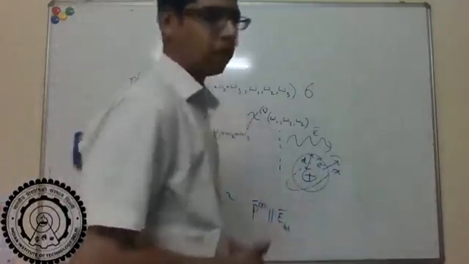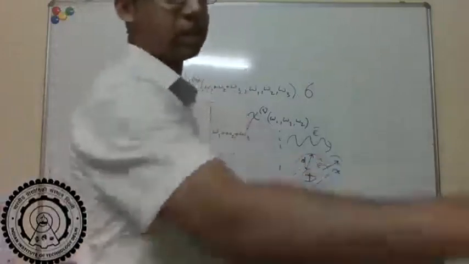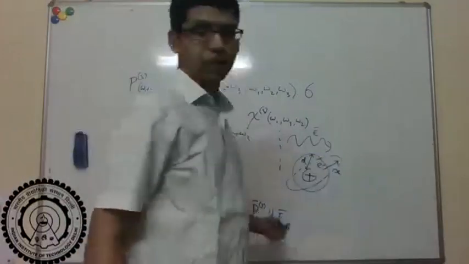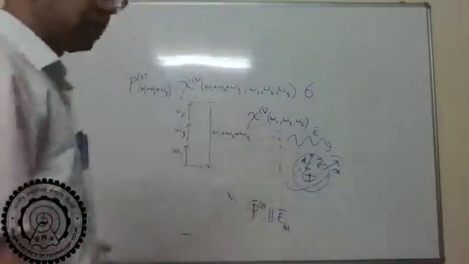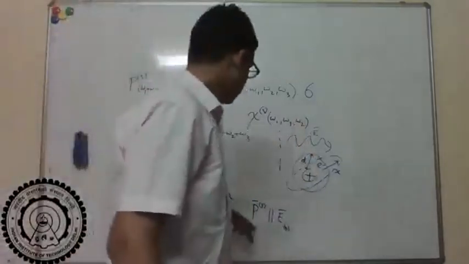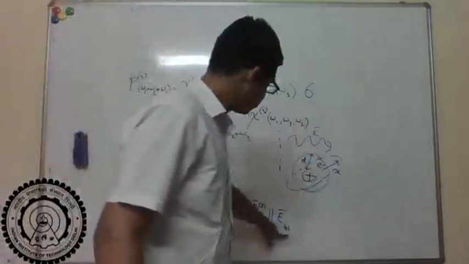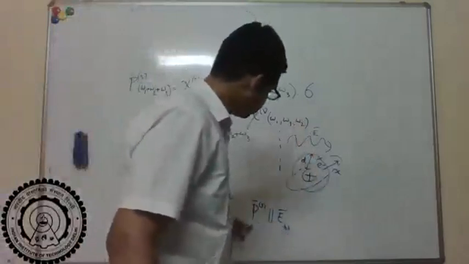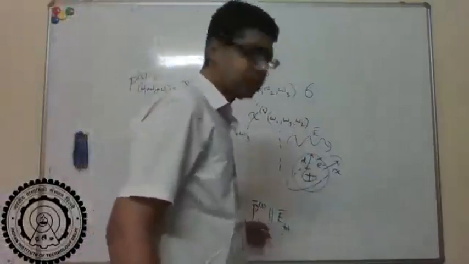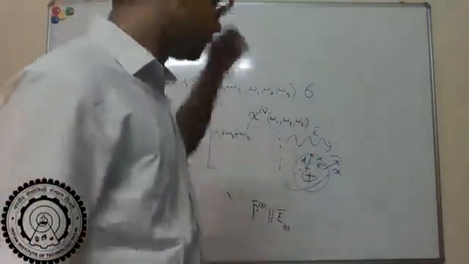Let's say I apply a bunch of fields, whatever is the resultant of them, the induced polarization has to be parallel to that, because there is no direction in the isotropic medium, right? So this basically constrains which elements can be present and which cannot.